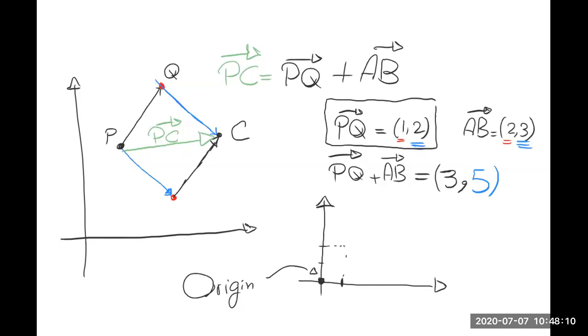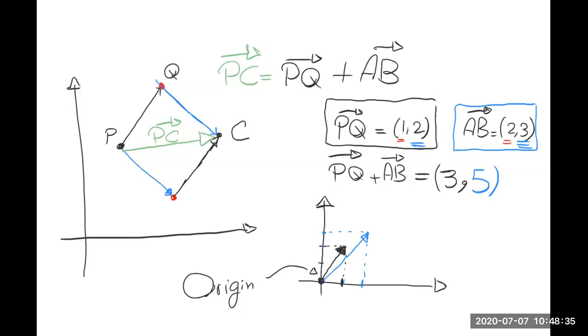So the first vector PQ, I can present with this vector. The other vector has coordinates 2 and 3. The first coordinate is 2, the second coordinate is 3. I can present the second vector like this.